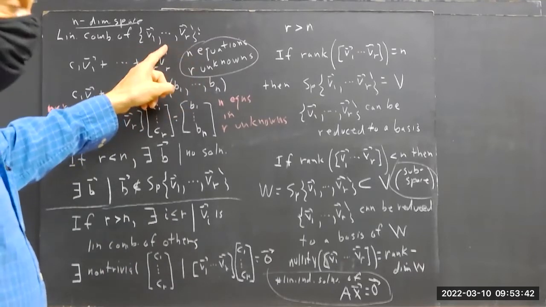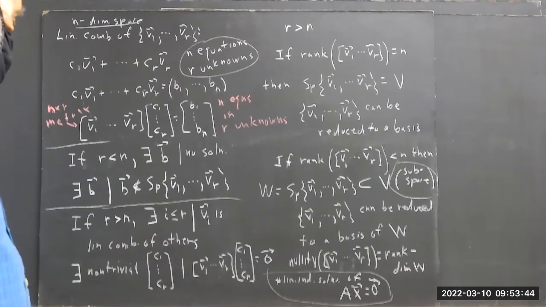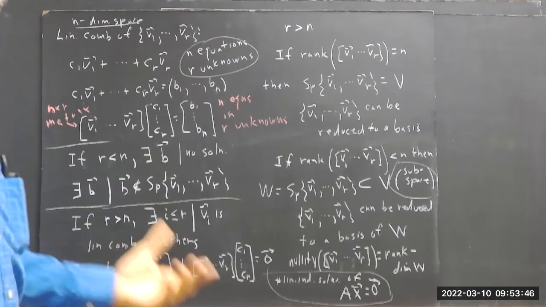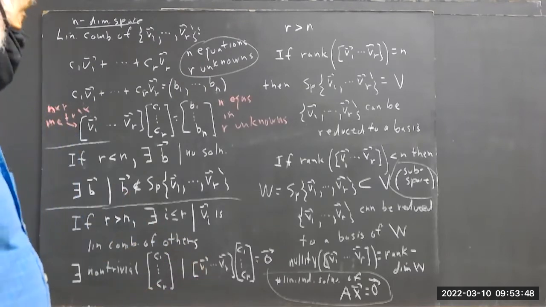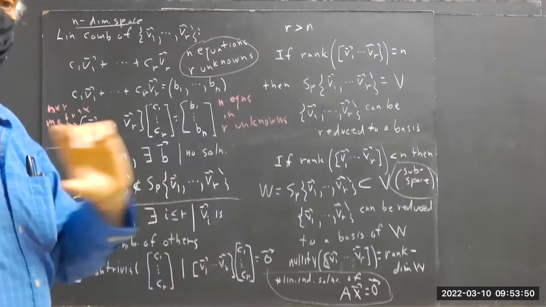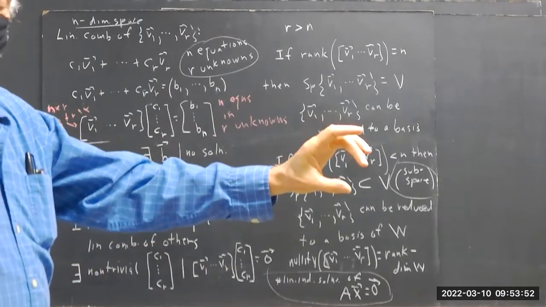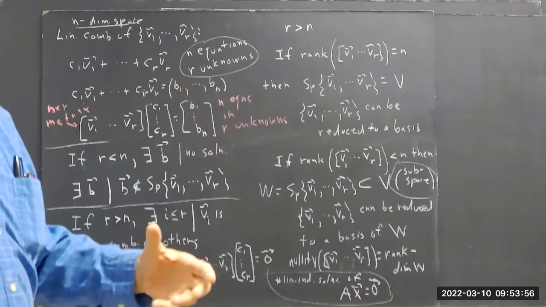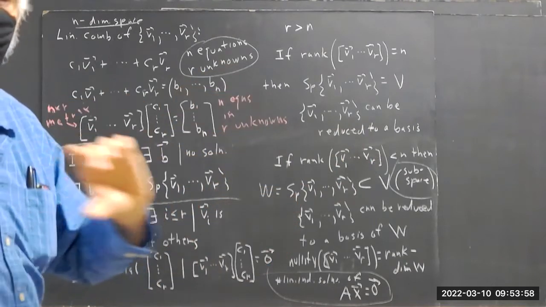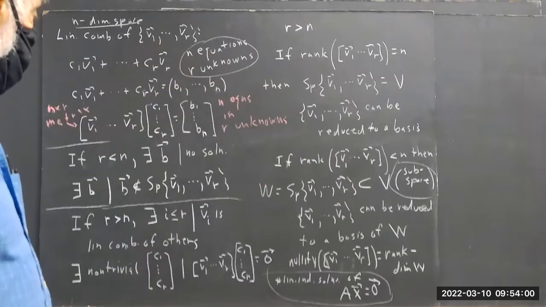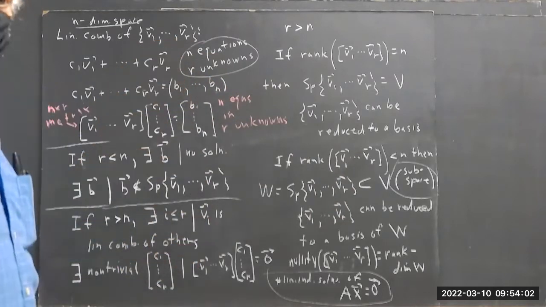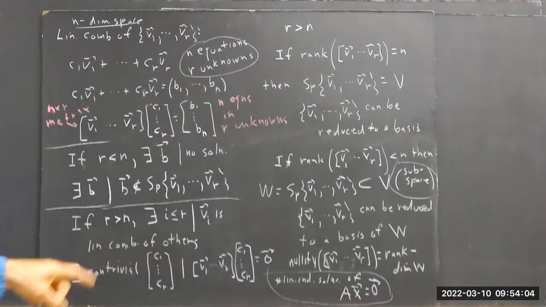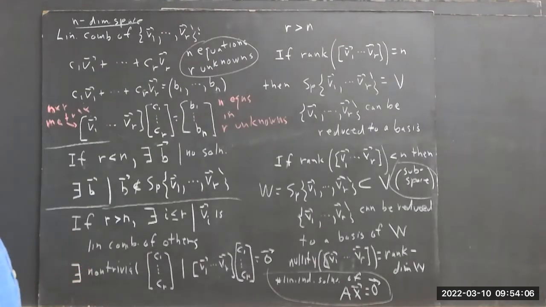There exists some vector in this set that's a linear combination of the others, which is equivalent to saying that there is a non-trivial linear combination of your r vectors that is equal to zero. If this is so, then that's so. Meaning these things aren't linearly independent, okay?